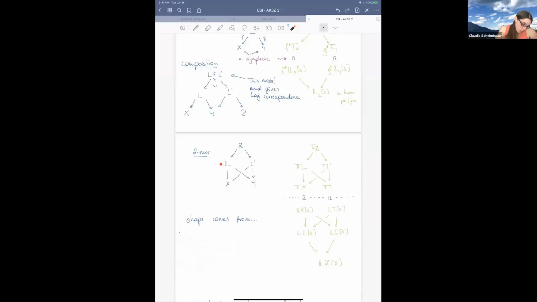We have a one morphism here. That will be our source. And then we have another one, just this guy over there, and that will be our target.